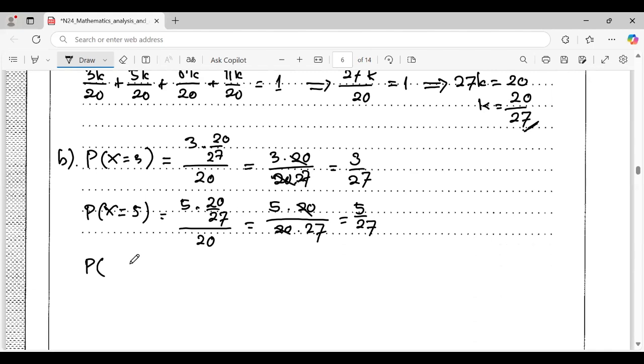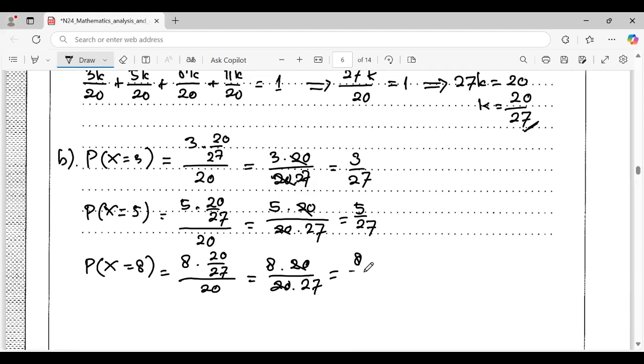Next, probability x equal 8. 8 times 20 over 27 over 20. So 8 times 20 over 20 times 27, 8 over 27.